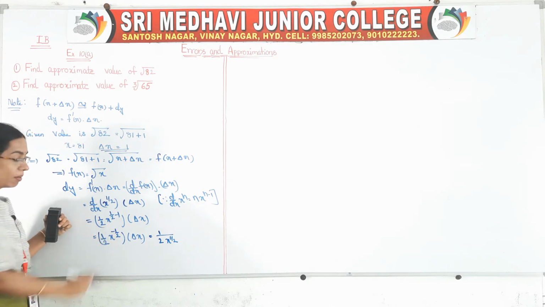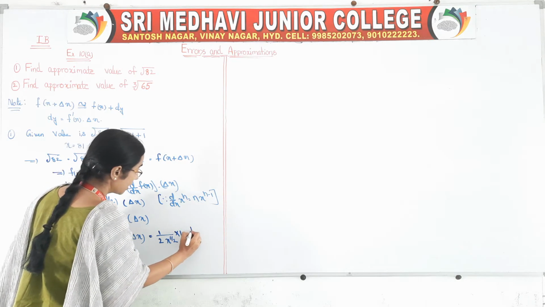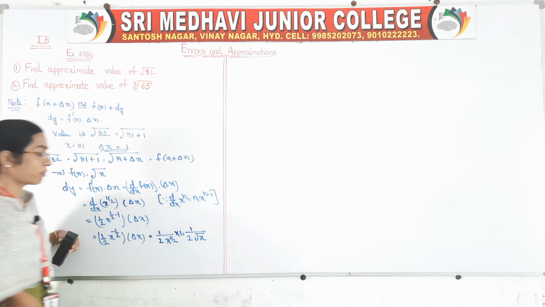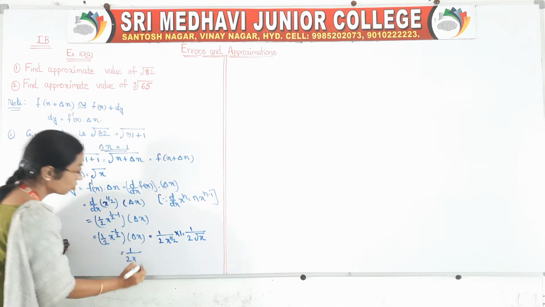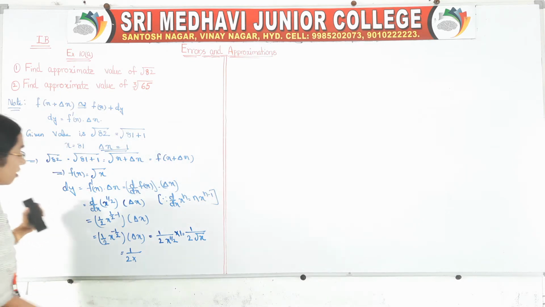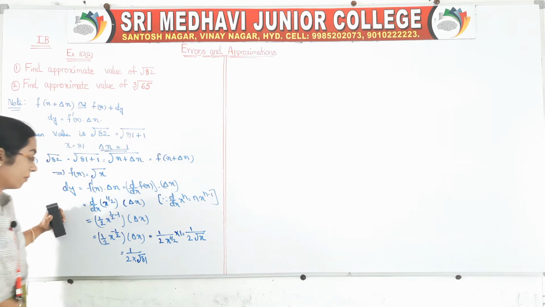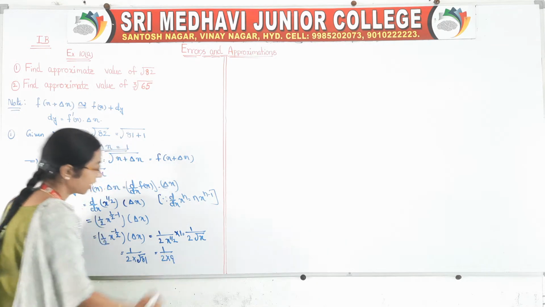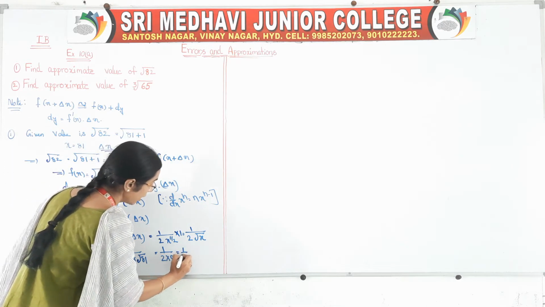So it is 1 by 2 root x. Root of 81 is 9, so 1 by 2 into 9, that is 1 by 18.